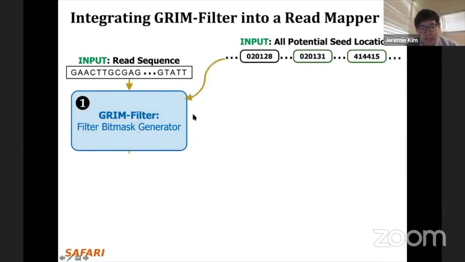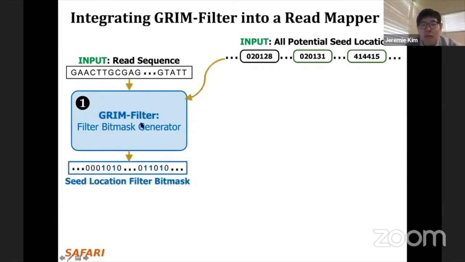It feeds them to the GrimFilter, which calculates the potential existence of that read sequence within every single bin of the potential seed locations. And so it'll spit out a seed location filter bit mask, where 1 indicates, yes, you have to check this bin for existence, and 0 indicates, no, it's definitely not there because there weren't enough tokens.